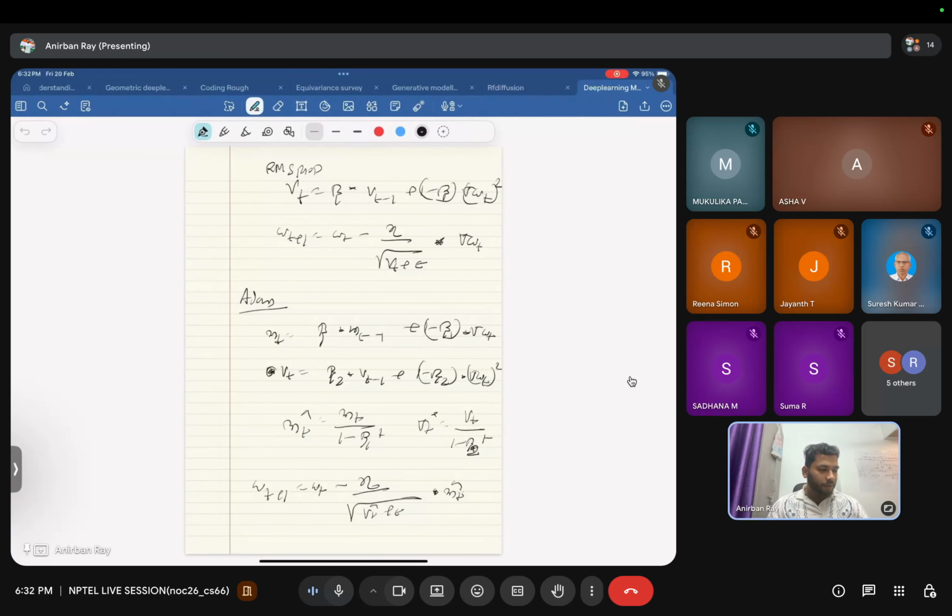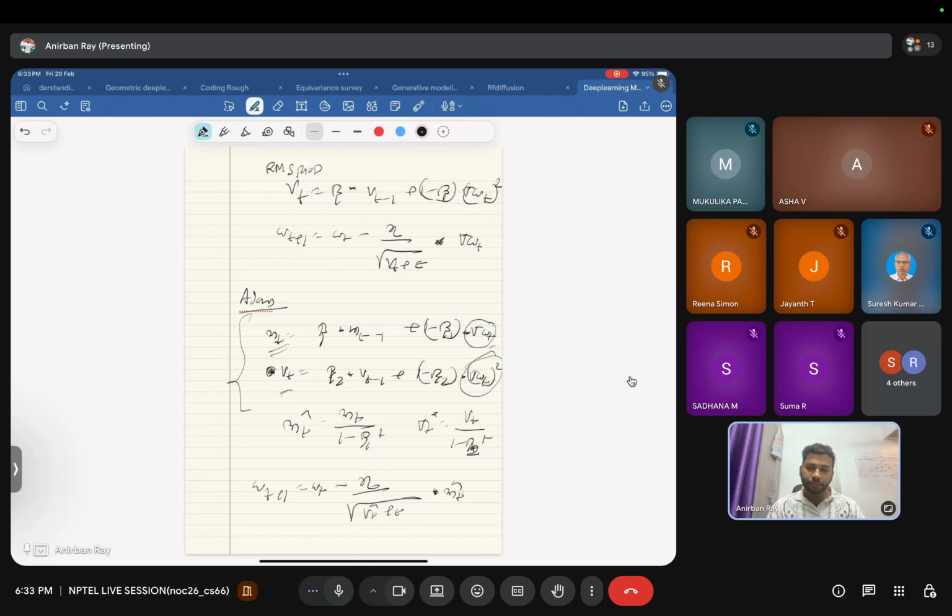In Adam you have two moving average expressions. One accumulates a moving average of the gradient updates, and another accumulates the second order, the square of the gradient updates. You can say this is like the mean and the variance.